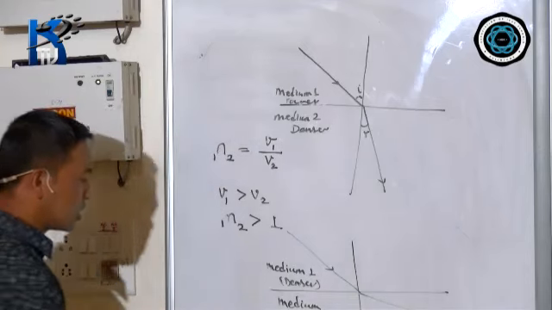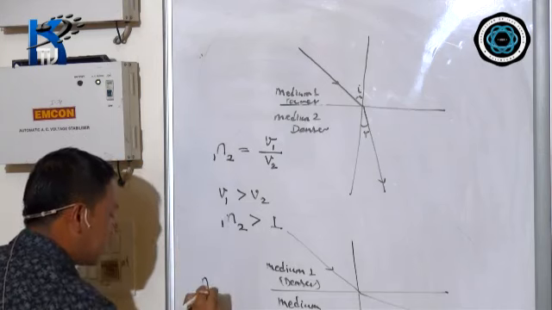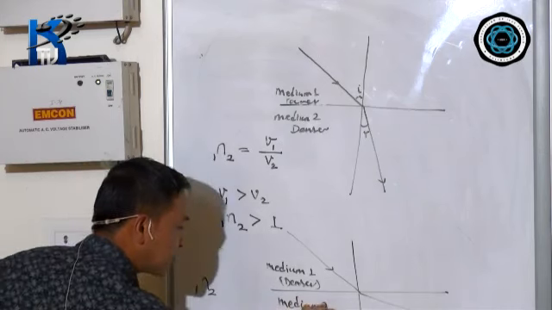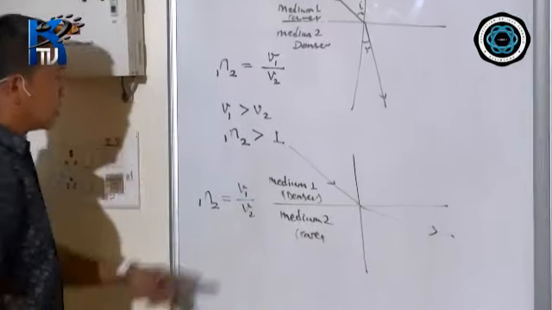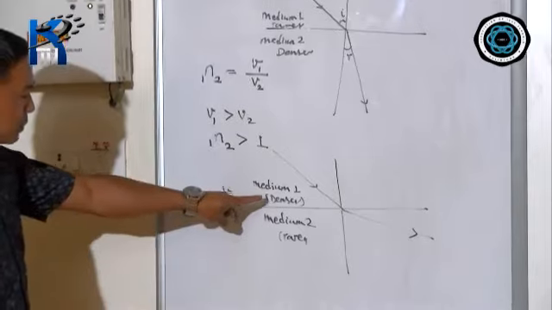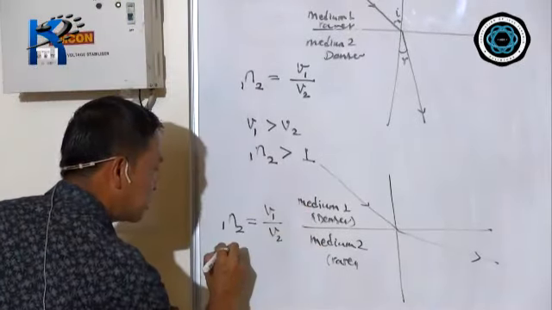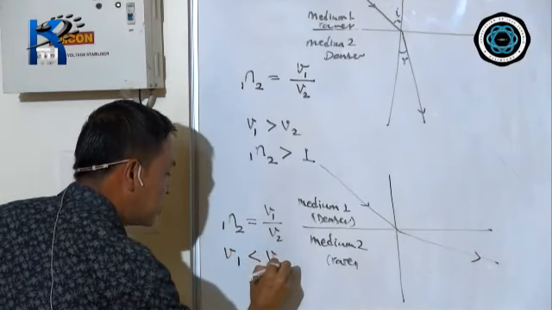So in that case, as per Snell's law, the statement of refractive index of 2 with respect to 1 is given by B1 by B2. But in this case, what happened? When light passes from medium 2 to medium 1, the speed of light in medium 1 will be less than the speed of light in medium 2.